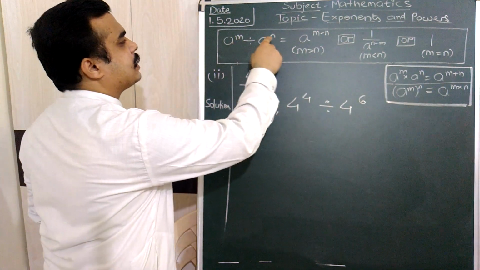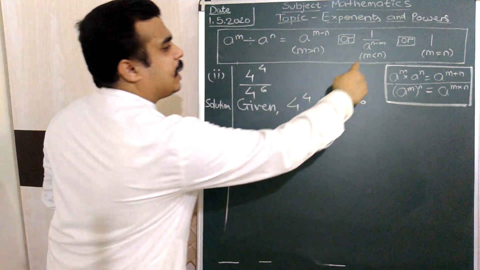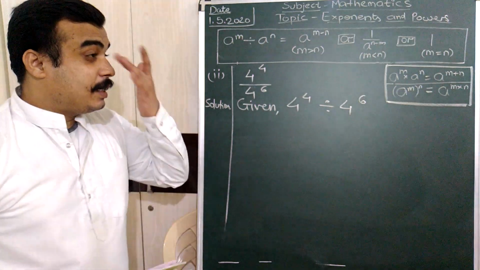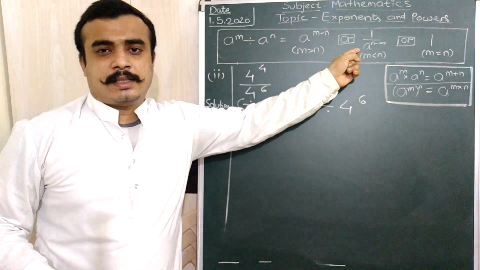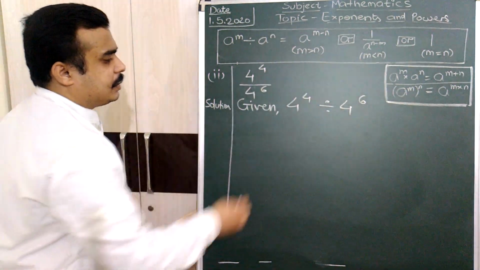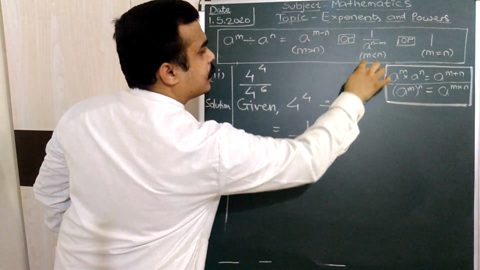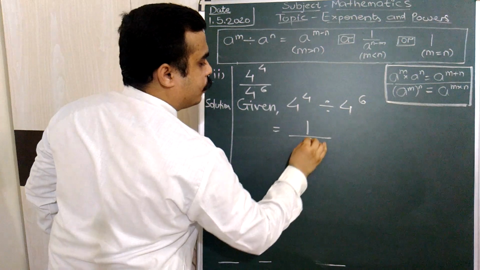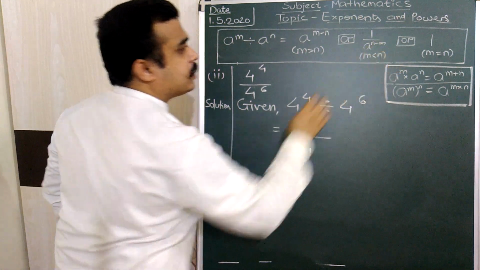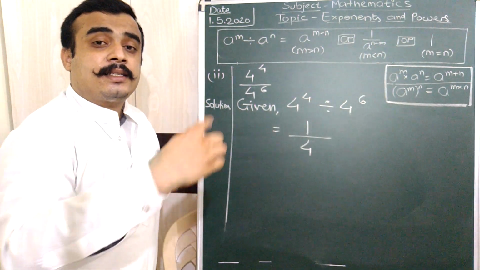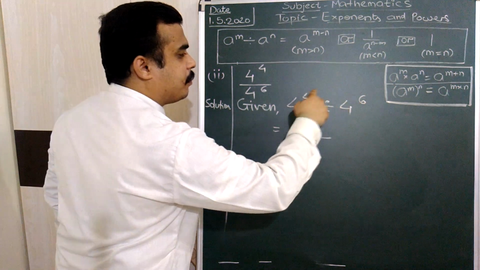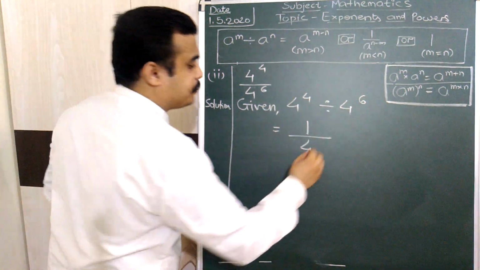That means m is less than n. So we have to use the second possibility, that is 1 upon a, whose value is 4. What about the powers? n minus m, that is second minus first.